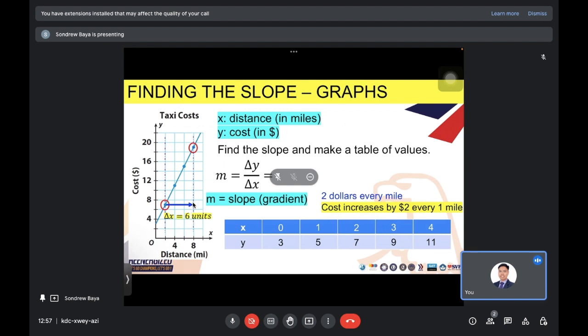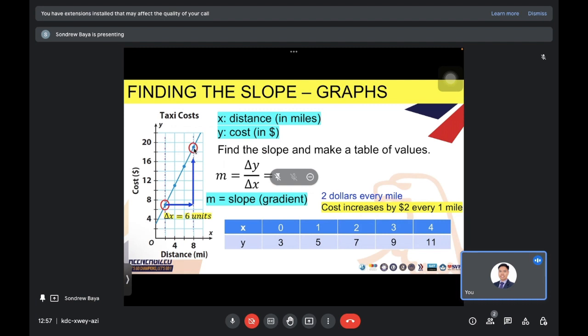Here, for the y, we need to know how much is the change in the y. In this case, it's going up. Since it's going up, this must be positive. Now, in the y-axis, if you look at it, it also has an interval of 2. Since we are here in the middle, we can just say this is from 0, so this is 2. Also the middle one above, 4, 6, 8, 10, and then 12.